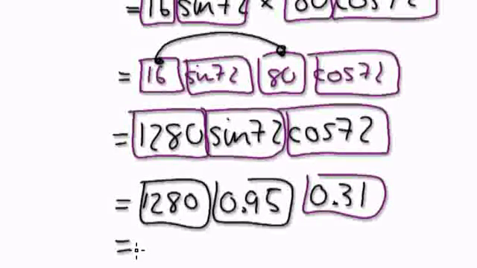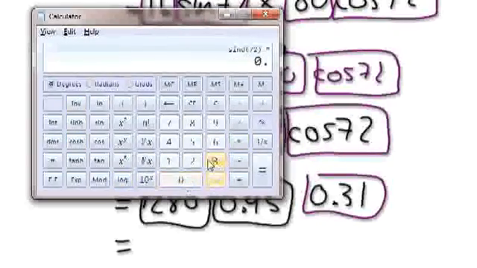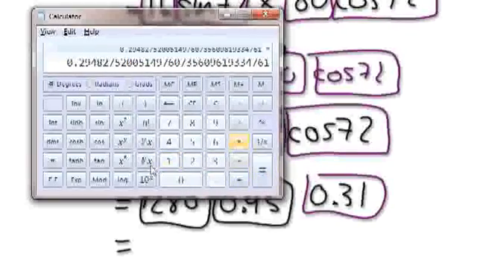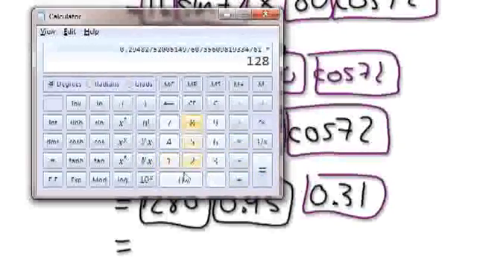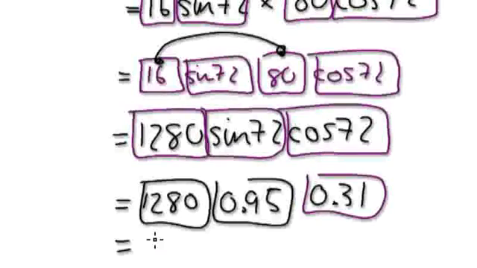Okay, so this equals, hang on, calculator. So this times, because I'm not used to this calculator, I don't really like this calculator, equals this, and then times 1280 equals this. So the range is 377. Okay, 377.